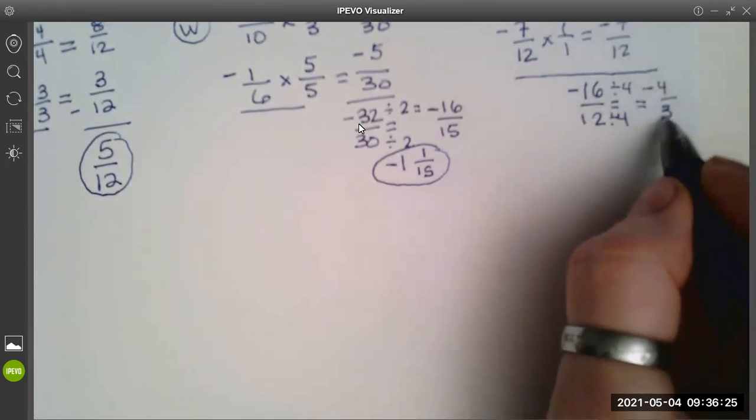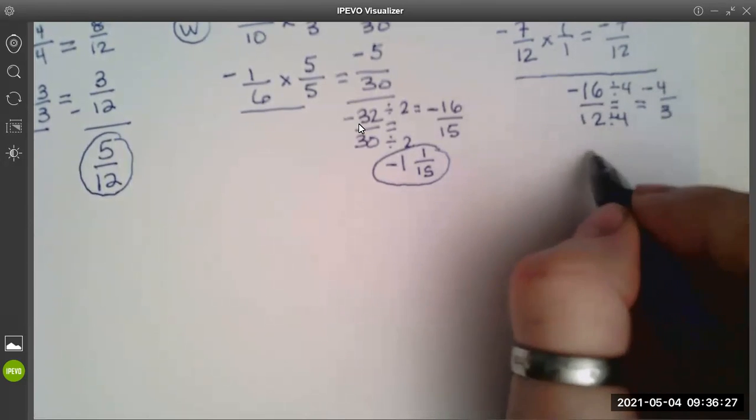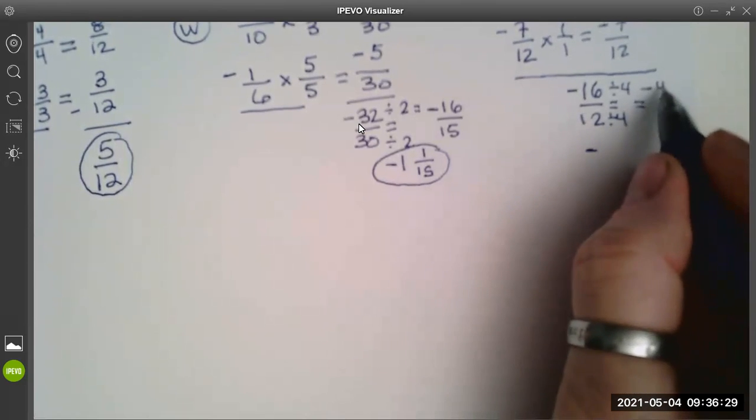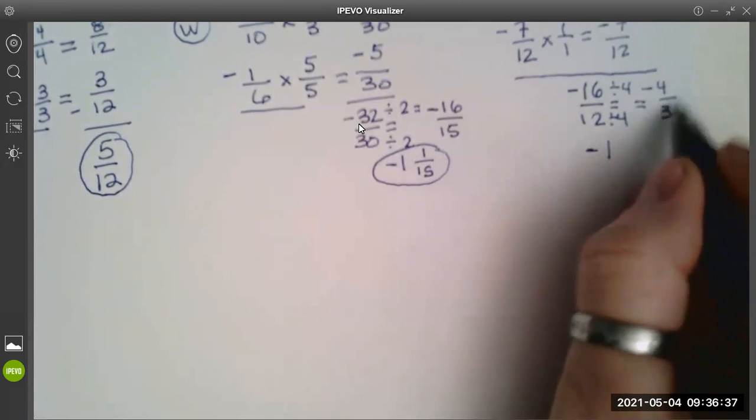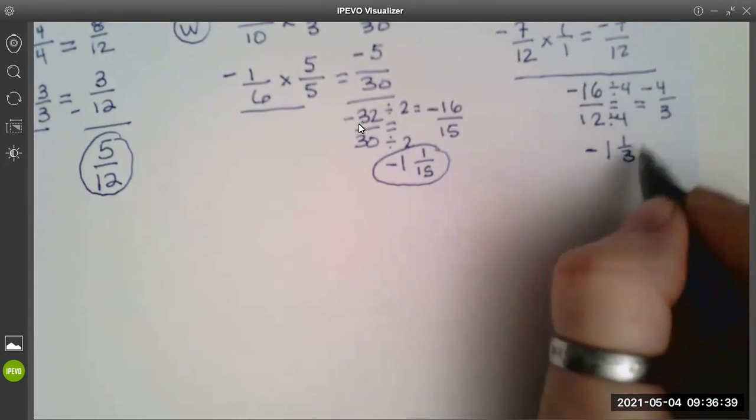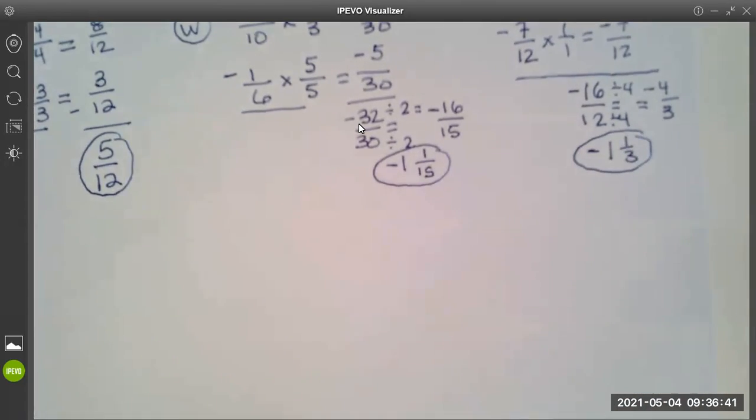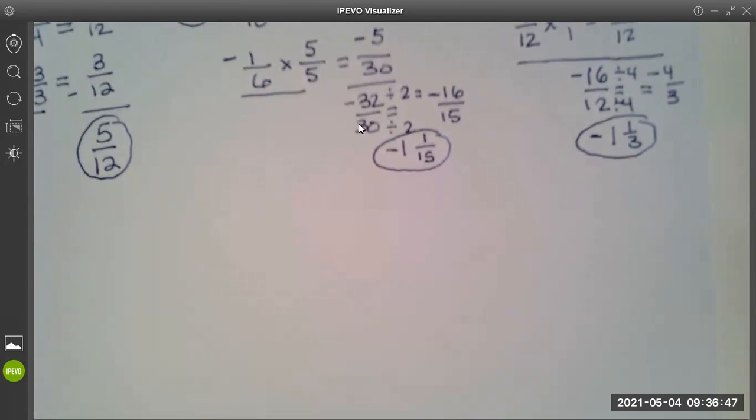So I have to go ahead and do how many 3's are in 4? We know it's negative. How many 3's are in 4? 1. And then there would be 1 left over. So negative 1 and 1/3. Okay. So the fraction comes from the remainder. Does that make sense?